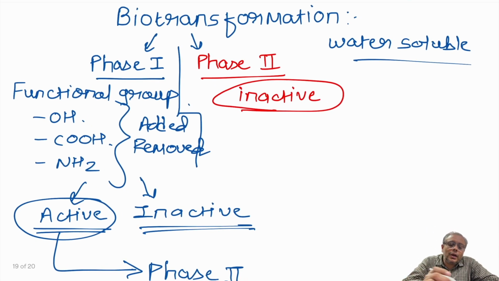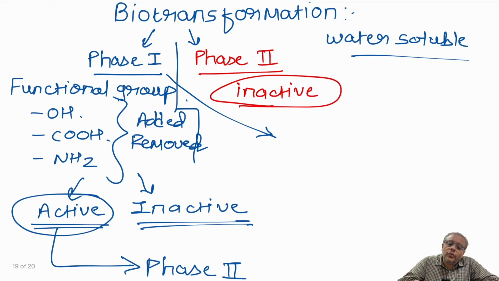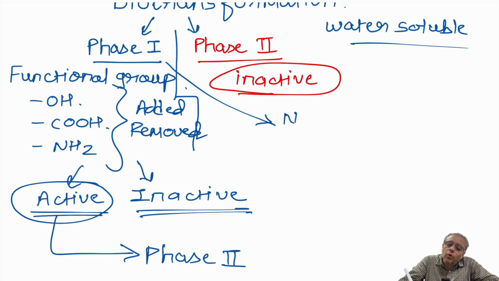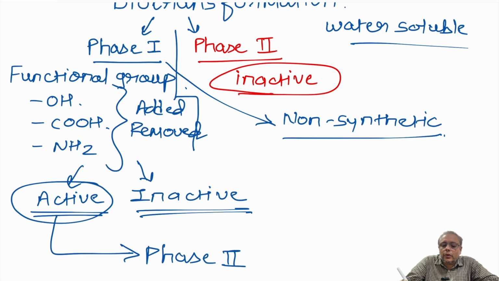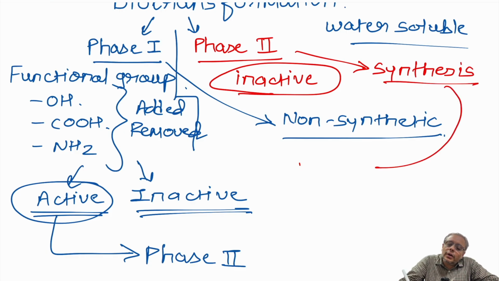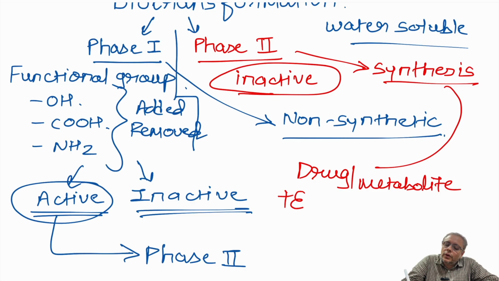Now phase 1 reaction, we are first focusing on the phase 1 reaction. It is also called non-synthetic reaction because no synthesis occurs. Then the question must arise in your mind, which is a synthetic reaction? Obviously, that is a phase 2 reaction, but synthesis of what? Synthesis occurs in the form of the drug or its metabolite combining with the endogenous substrate.